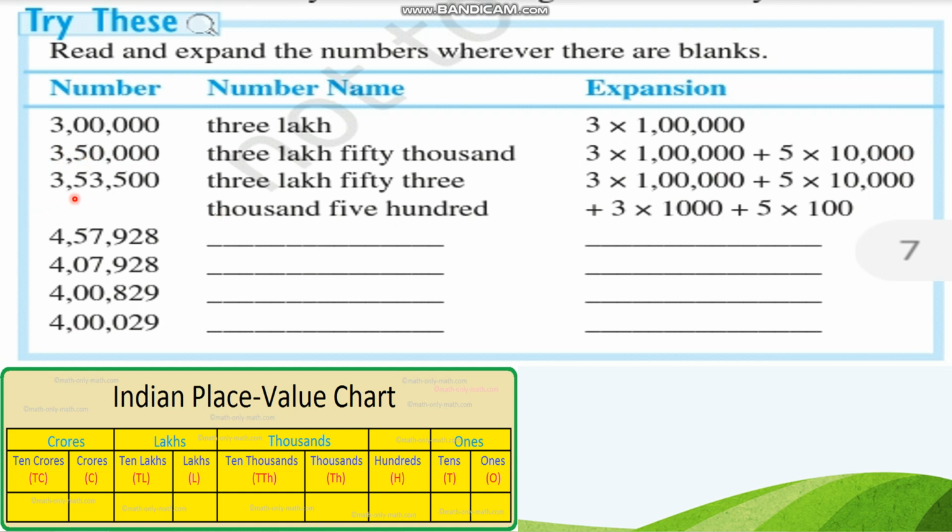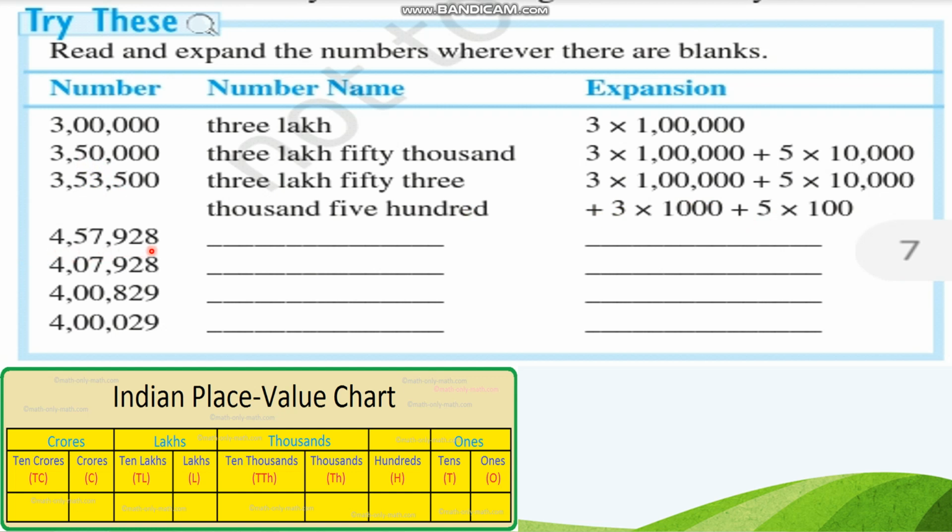Now look at the next one. It is 3 lakh 53,500. So the expansion is 3 into 1 lakh plus 5 into 10,000 plus 3 into 1,000 plus 5 into 100. Got it, children? This way we can expand. Now answer the next one.